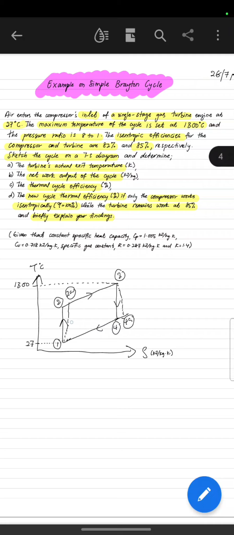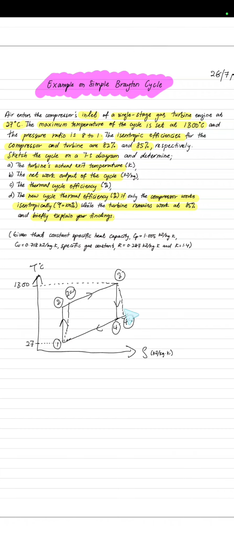Because your compressor and your turbine have isentropic efficiencies of 82 and 85% respectively, you are going to have this dotted line for the actual value at the compressor outlet and the temperature value at the isentropic outlet. The whole thermodynamic cycle process starts with state 1 at the compressor inlet, and you have a clockwise sequence 2, 3 and 4.